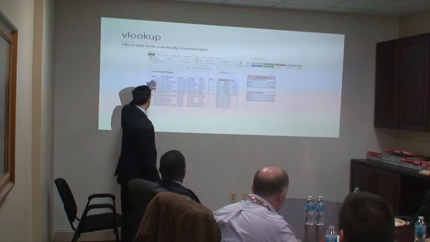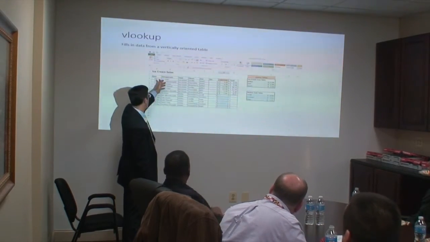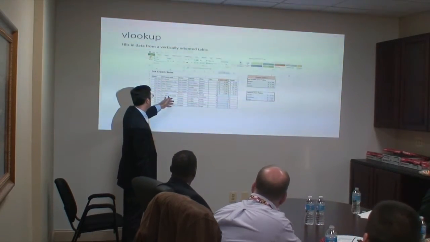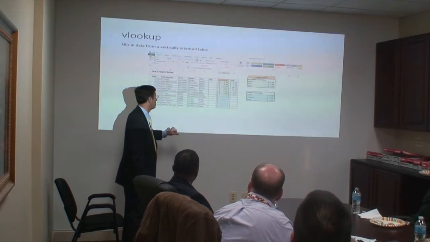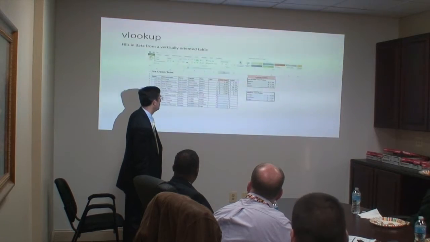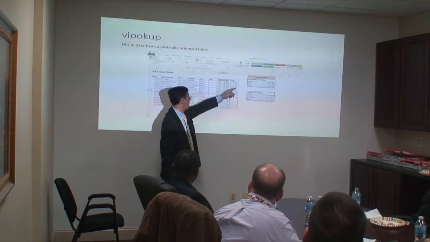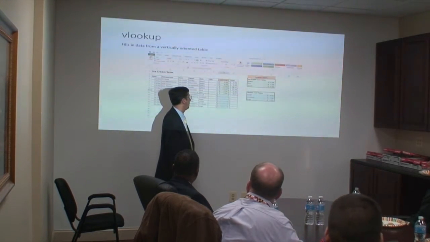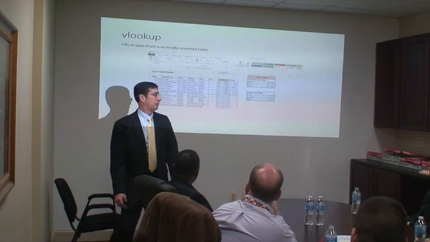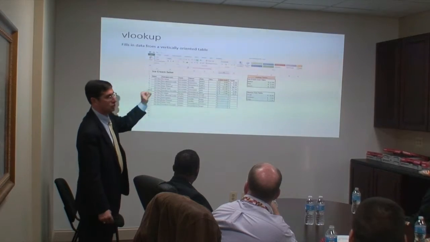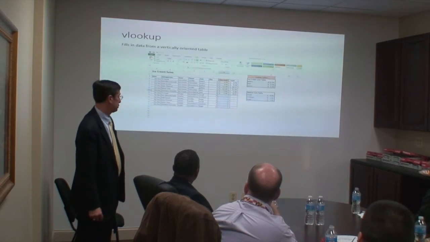So we've got dates where sales have happened. The salesperson sold something of a certain flavor and a certain size and sold certain quantities, and we're using the VLOOKUP to pull the prices out of the table to get the unit cost filled in for those items.